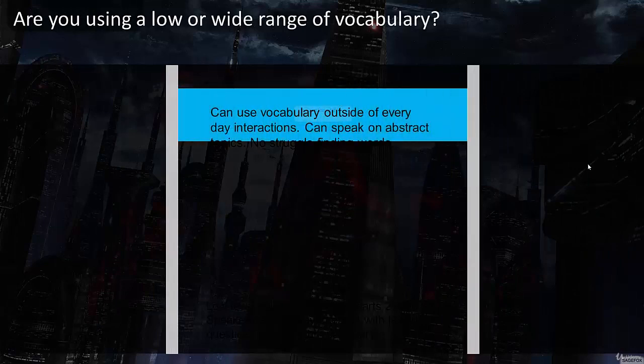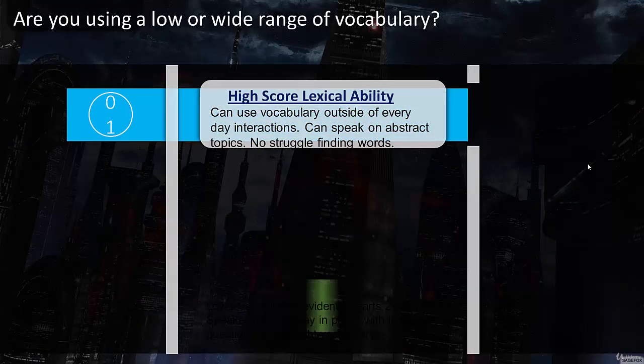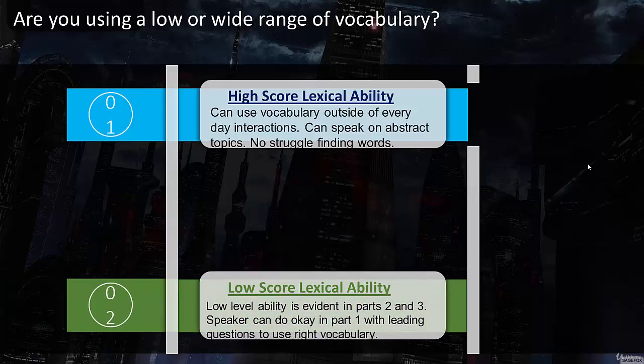All right. Now, in terms of whether you're using a low or wide range, when you talk about a high band score, are you really using vocabulary that's outside of everyday interactions? Can you speak on and talk about abstract topics?